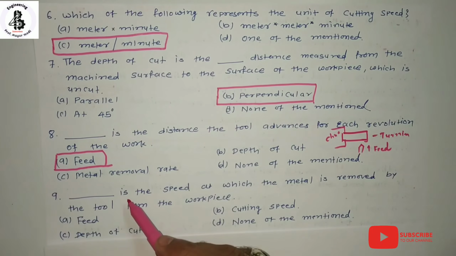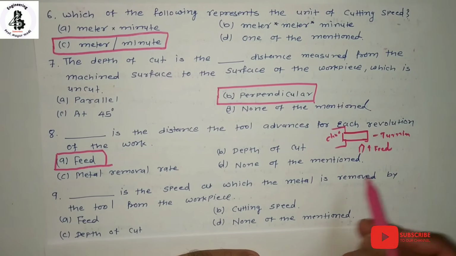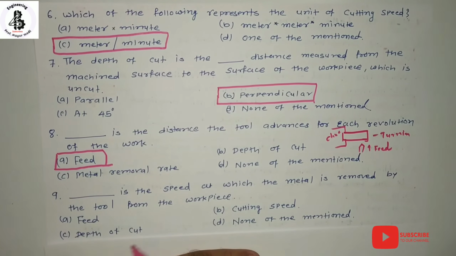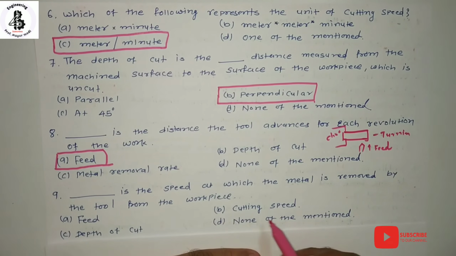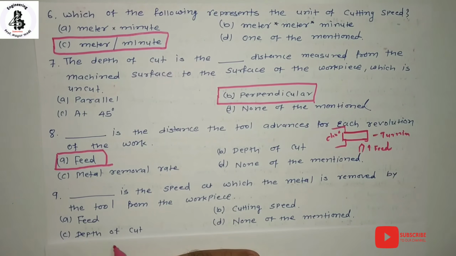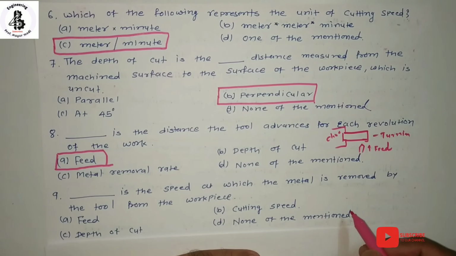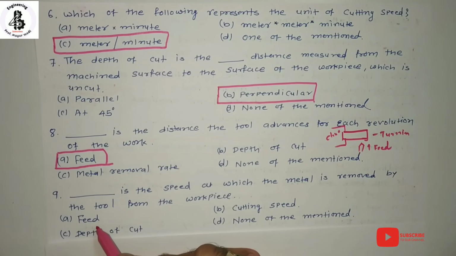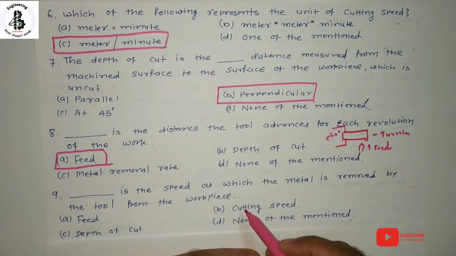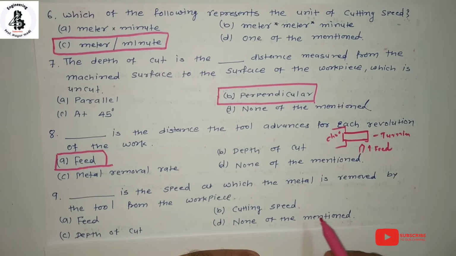Then next question, which is the speed at which the metal is removed by the tool from the workpiece? Let us see the options: option A, feed; option B, cutting speed; option C, depth of cut; and option D, none of the mentions. So basically feed is the advancement for each revolution of the workpiece, and cutting speed is the speed at which the metal is being removed by the tool from the workpiece.